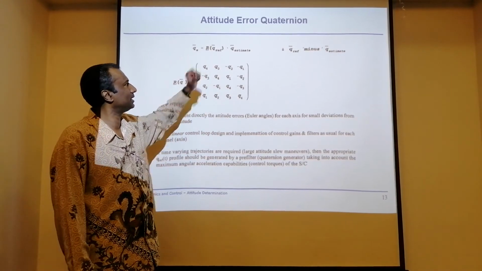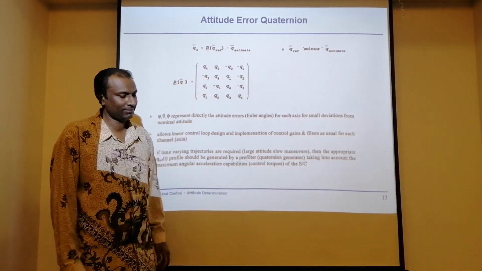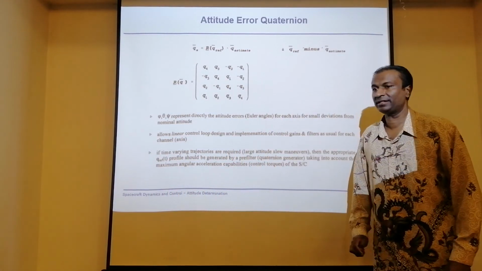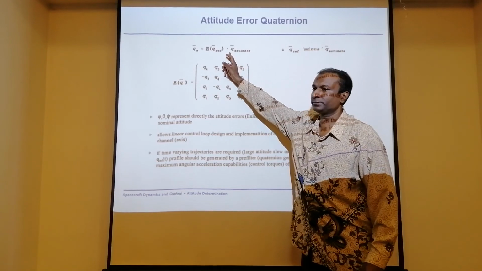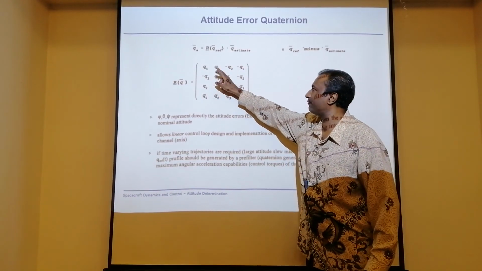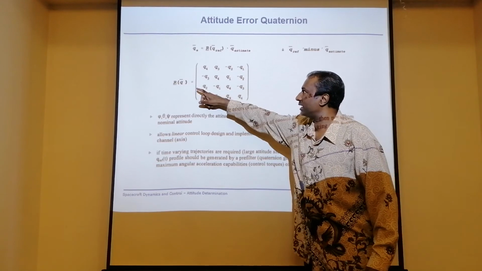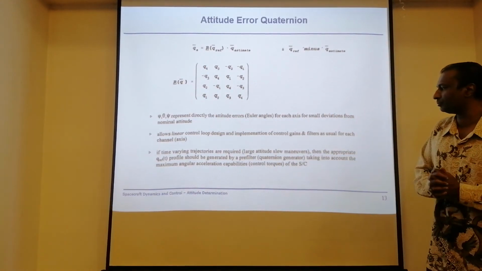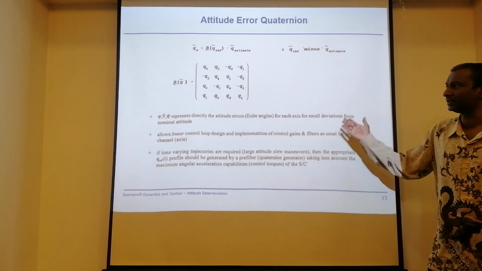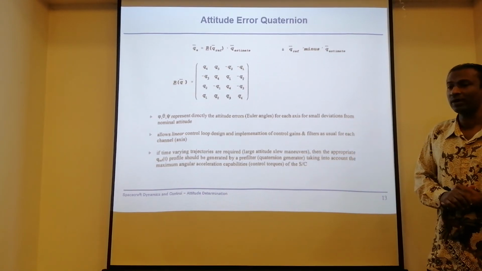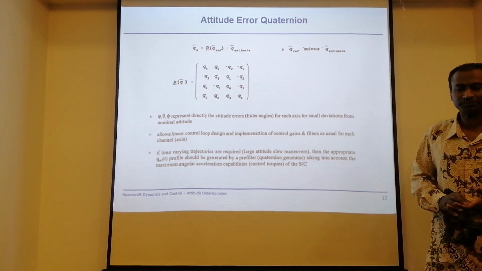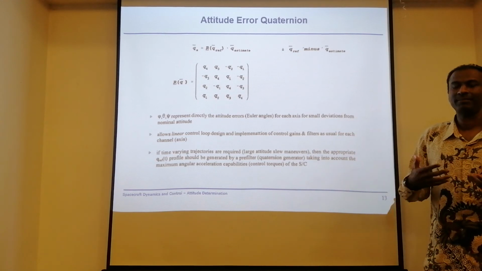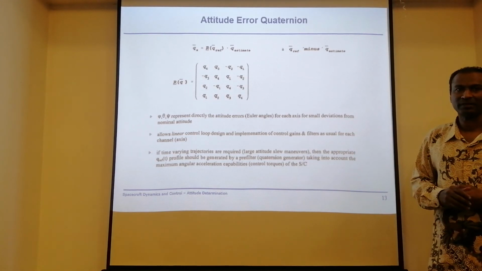We use the same formulation. If you look at the kinematics equation or the kinematics chapter, this is a deviation. Again, it is a rotation, so 4 by 4 times 4 by 1, you will finally get a 4 by 1 matrix. This is just a control loop. Alright, I think it's just a small revision of how we are going to use all those operations that we have learned in kinematics to help us estimate the attitudes for a spacecraft. Thank you.